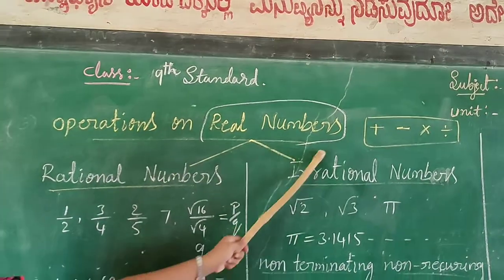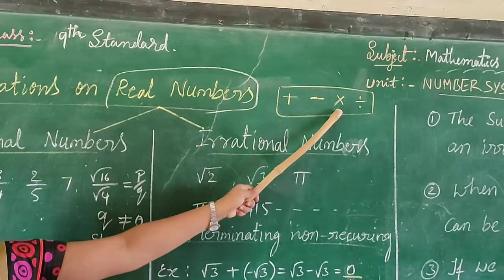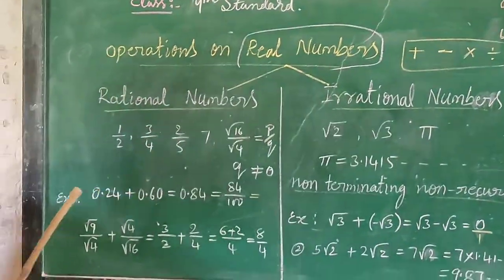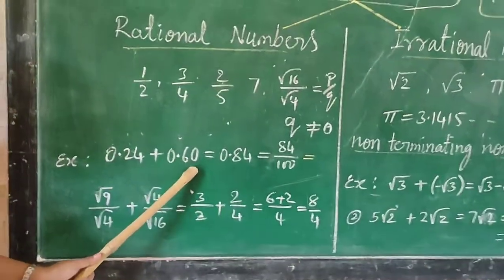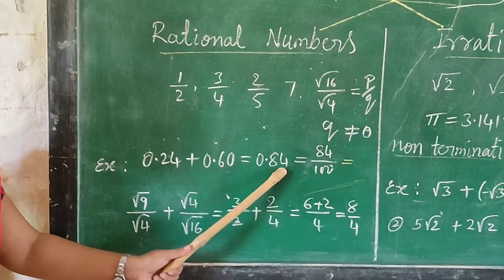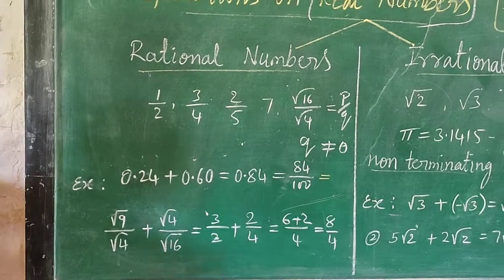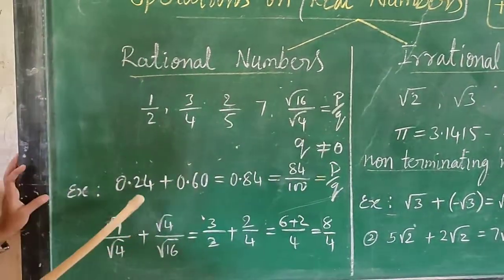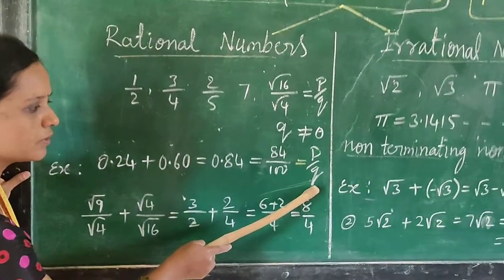So, now we are going to the operations. The fundamental operations of mathematics are addition, subtraction, multiplication and division. Now take one example. Here 0.24 plus 0.60, that is equal to 0.84. It can be written as 84 by 100. That's why it is in the form of p by q. That means addition of two rational numbers is a rational number.